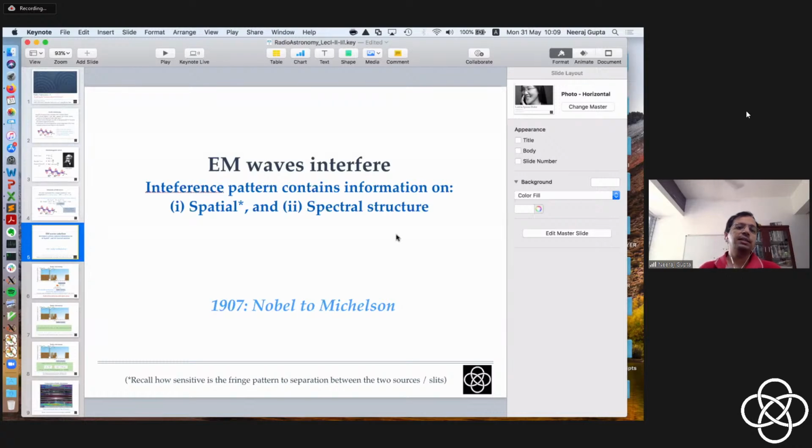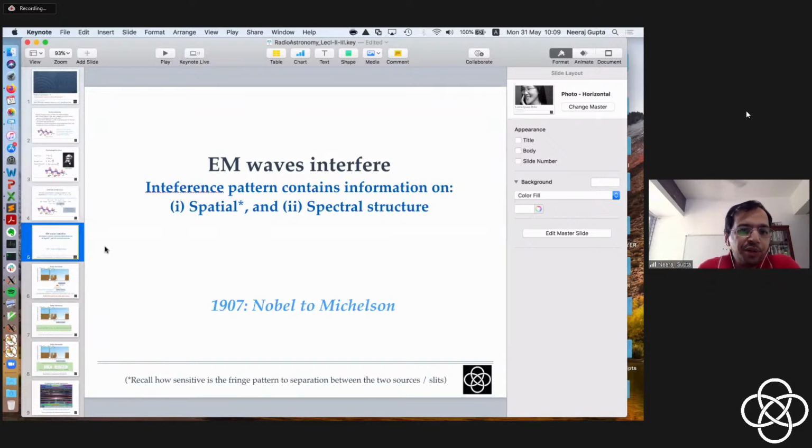So this is one takeaway from today's lecture: to understand radio astronomy, we have to really well understand Young's double slit experiment, Michelson's interferometer, and Fourier transforms. If we understand these three concepts very well, then we have a very good foundation to understand radio astronomy, and then it becomes a lot of fun, right?